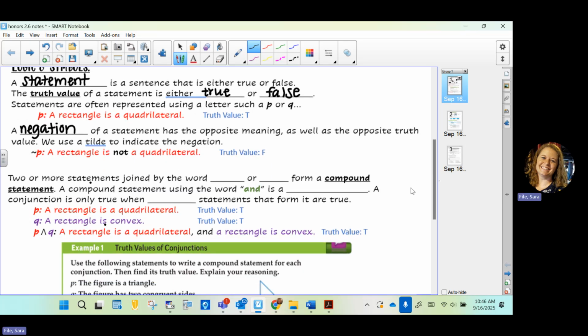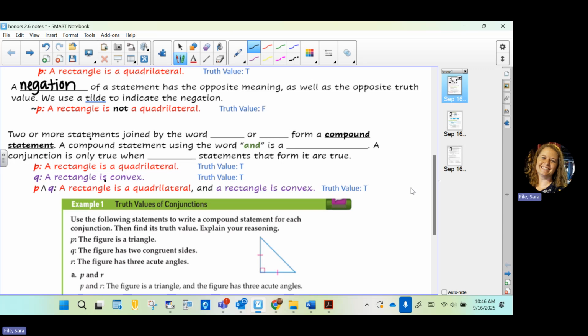Okay, now we can combine statements. If we combine multiple statements with the word and or or, we're creating compound statements. A compound statement that uses the word and is called a conjunction.